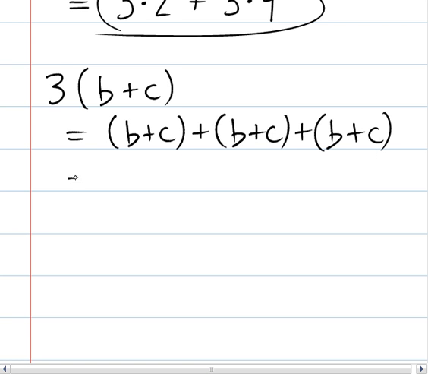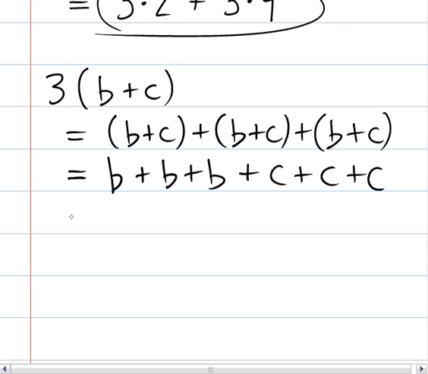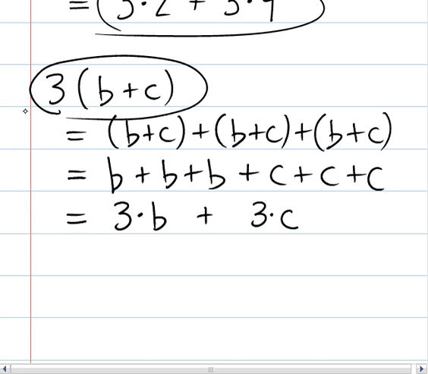And if I reorder and regroup here, I can put all my B's first, B plus B plus B, there's 3 of them, and then all my C's second. And this is otherwise known as 3 times B plus 3 times C. And so we see that 3 times B plus C is always 3 times B plus 3 times C for any numbers B and C.